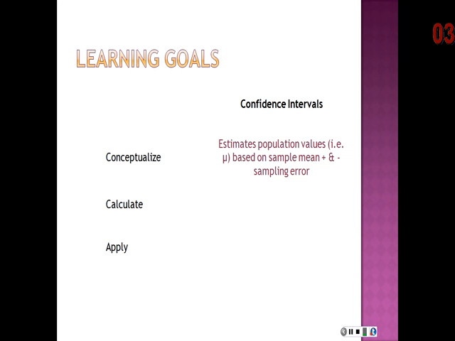So to conceptualize, just to run back, confidence intervals are estimates of population values or population parameters based on the sample mean plus or minus sampling error. Or I should say plus and minus sampling error.